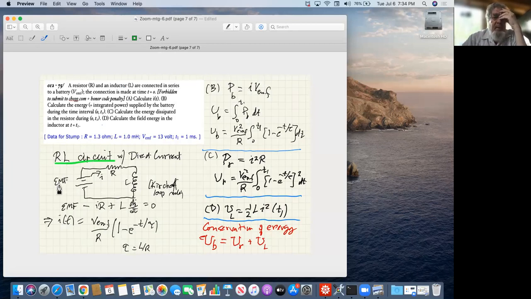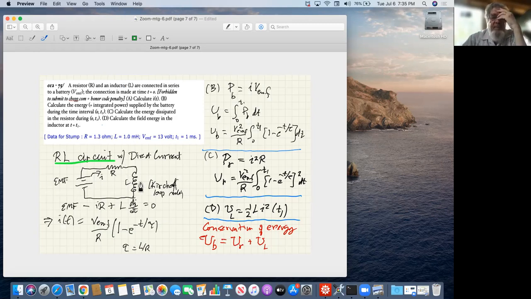It's got an electromotive source, which you should just think of as a battery, which can drive a current in this direction from the positive electrode to the negative electrode. So that would be clockwise. There's a resistor and an inductor in series. So there's current through the resistor, there's current through the inductor.